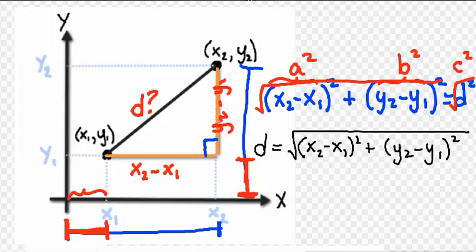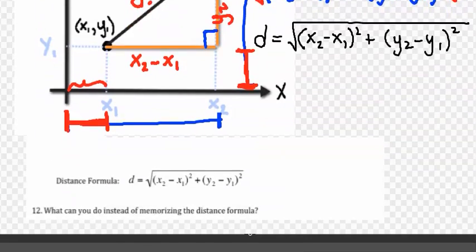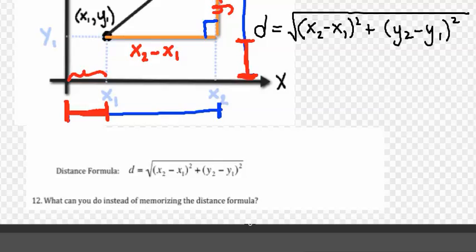In my opinion, that formula is really difficult to memorize. There's a lot of places you can mess up. It's just not fun. So if we just end up using the Pythagorean theorem, like I will in my next video, I'll show you exactly how to do it, then we don't have to memorize any formulas for the distance formula. So here's the distance formula in a little bit of a cleaner method. And then what can you do instead of using the distance formula?